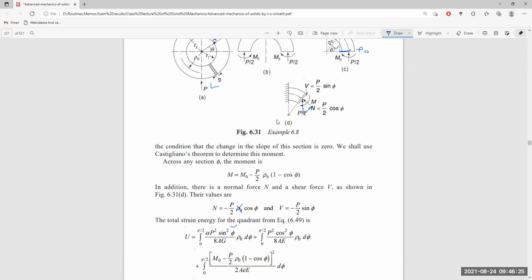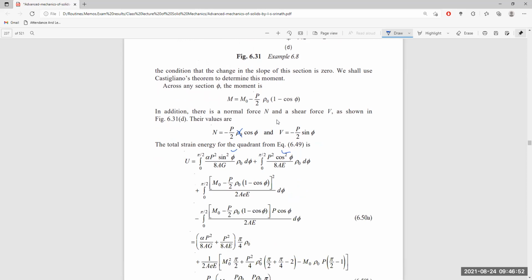All are integrated from 0 to pi by 2, meaning half of the ring, the quadrant. And then M0 minus the moment generated, squared, divided by 2 A E, with respect to d phi.